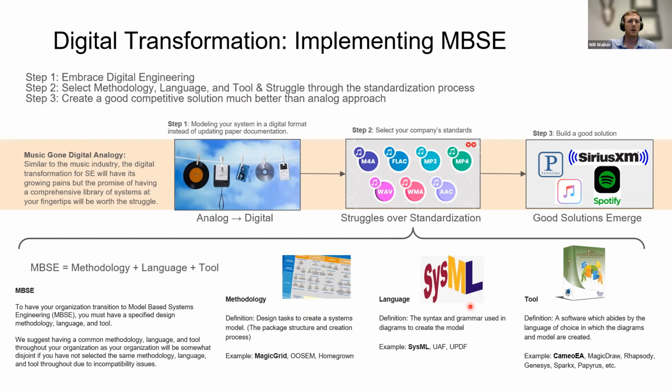MBSE, Model-Based Systems Engineering, is the addition of all these three things. Methodology is how you want to put things together and structure everything, and we have used the Magic Grid approach in most of the examples we've shown today. Then SysML is the language, and the tool is Cameo.